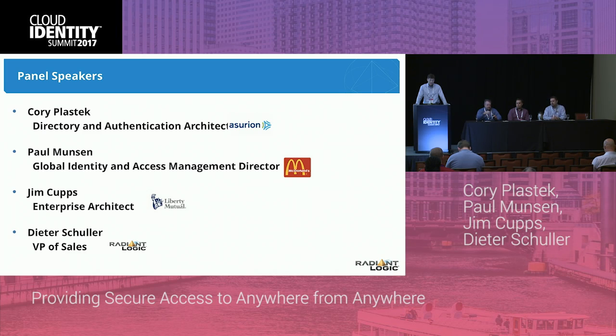So the idea is you spin up an environment that has an IDP-SP in it. The IDP-SP has to have a SCIM-capable environment. You have an identity store, whether that's a database or a directory, however you want to do it.